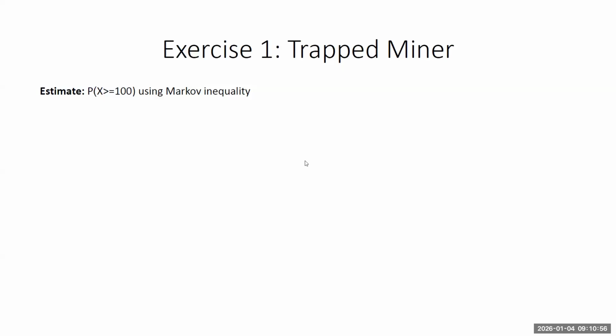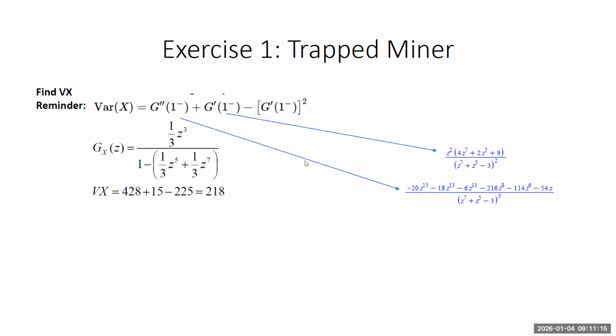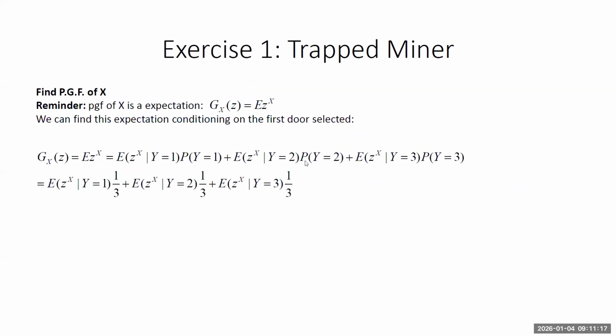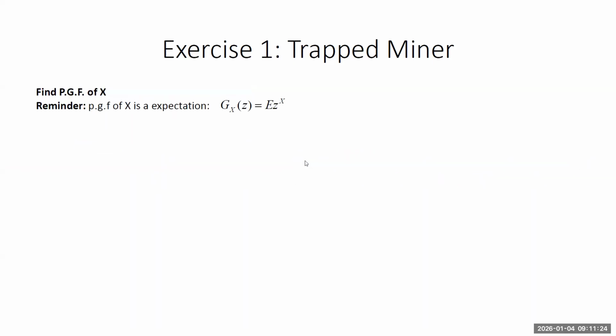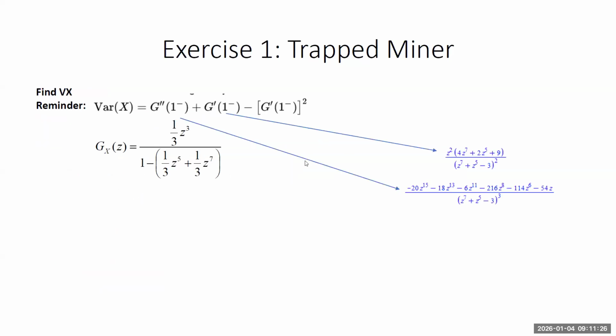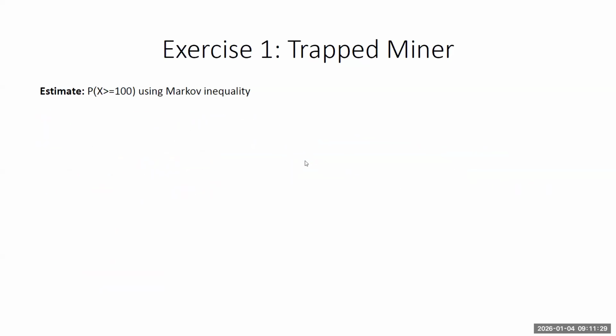So the probability that x is greater or equal to 100 is less than 15 over 100, about 1/6, approximately 1/7. And pay attention, this probability is very, very small. We use the inequality and we get some approximation.